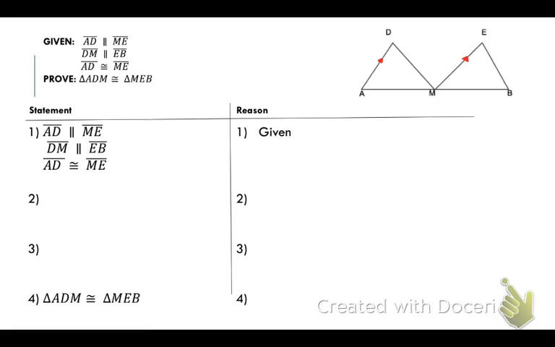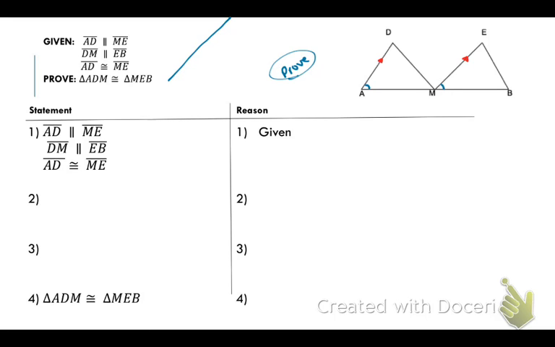Now that I know that, I am going to write everything that they've given me in red and everything that I can prove in blue. So now that I know that AD is perpendicular to ME, I can prove that angle A is congruent to angle EMB.